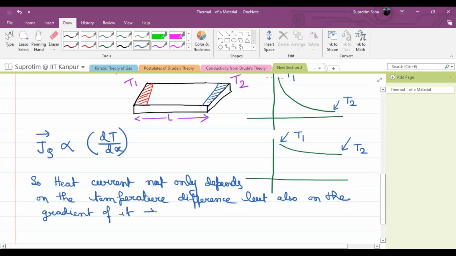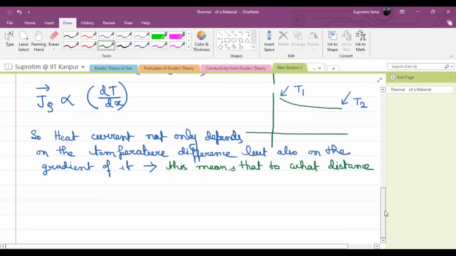This means that it depends on the distance over which this difference is maintained.